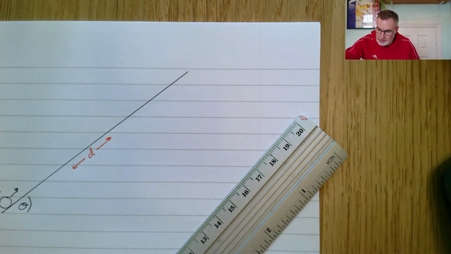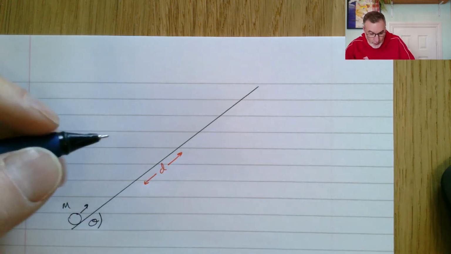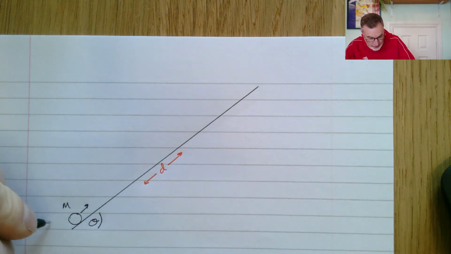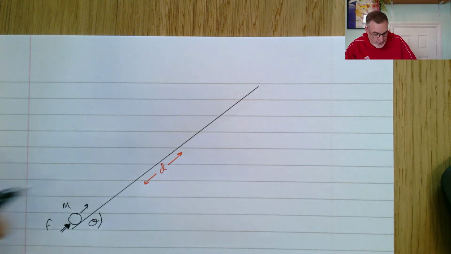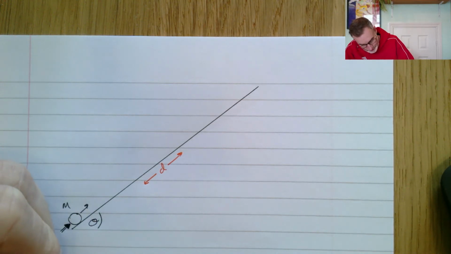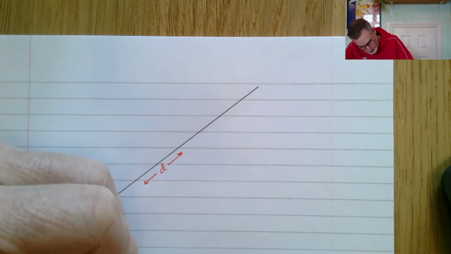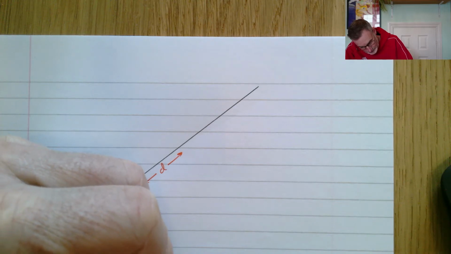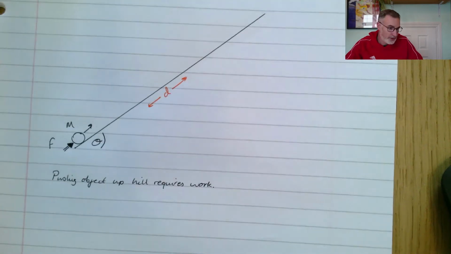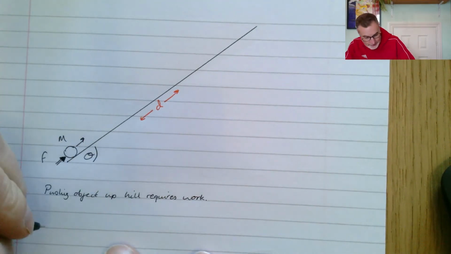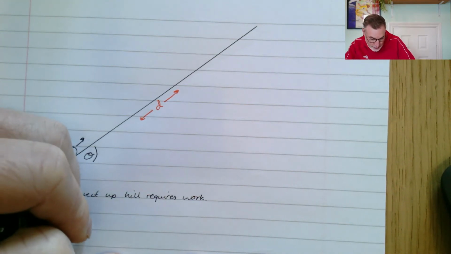Now, pushing this object up the hill requires us to apply a force to it. So pushing the object up the hill requires work. The amount of work required will be force times distance.